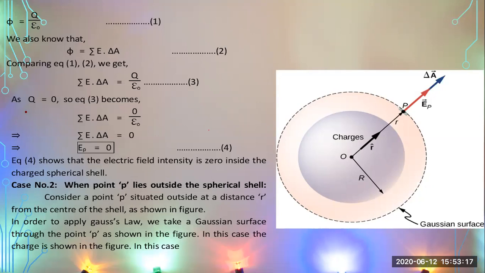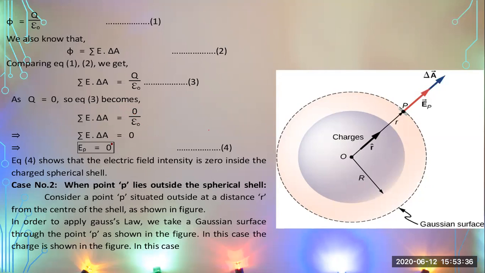When you apply this condition of no charges inside the surface, equation 3 becomes the sum total of E dot delta A equal to 0 divided by epsilon naught. This 0 shows that there are no charges inside that surface.